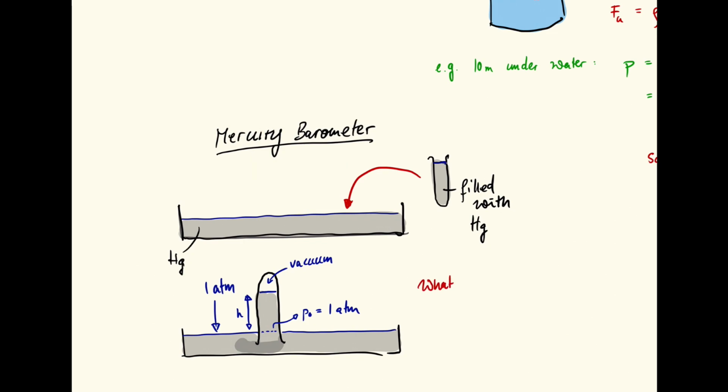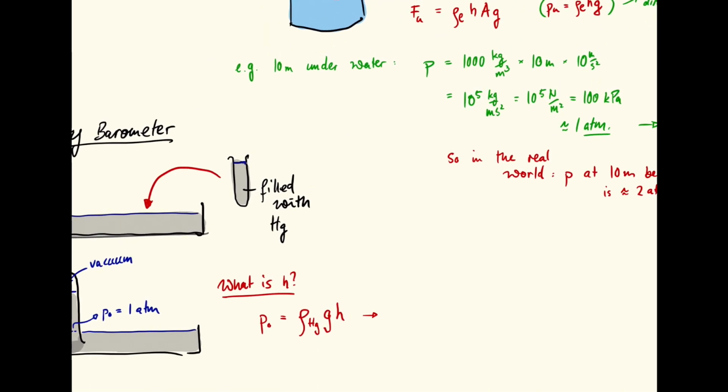Now, what is the distance h? Well, the pressure P0 is the same as the pressure due to the overburden, which is the density of mercury times g times h. And so we can solve this for h, which is the only quantity we don't know.